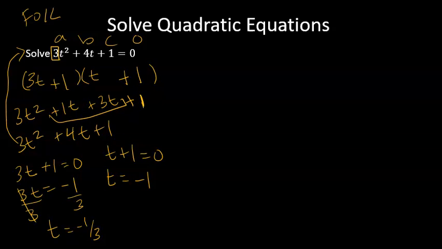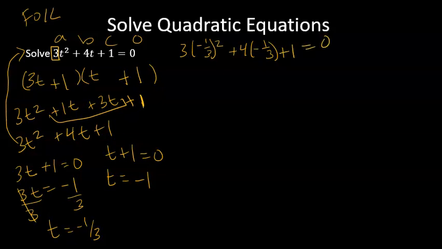Oh man, I already messed up. Okay, so I have negative 1 over 3 squared plus 4 times negative 1 over 3 plus 1 equals 0.